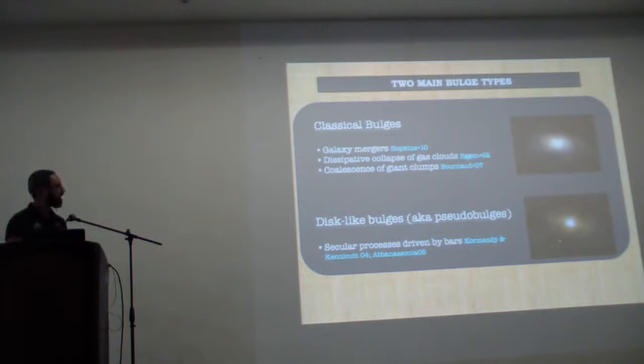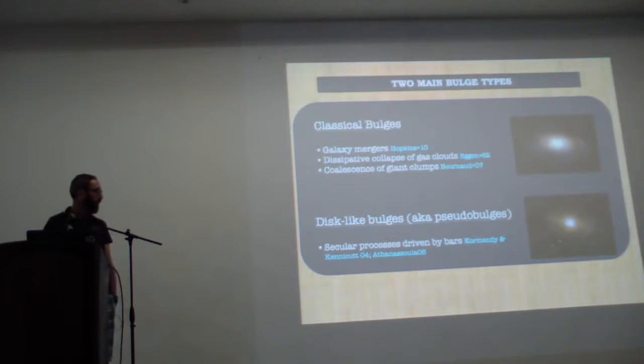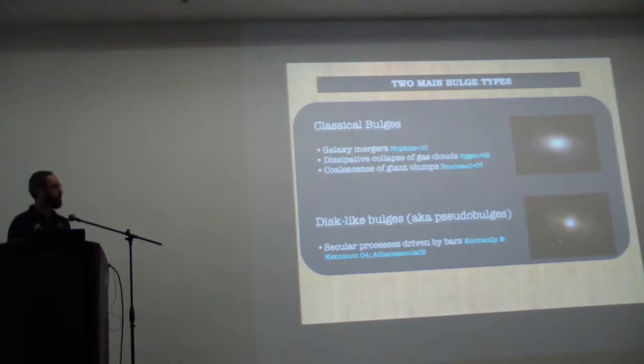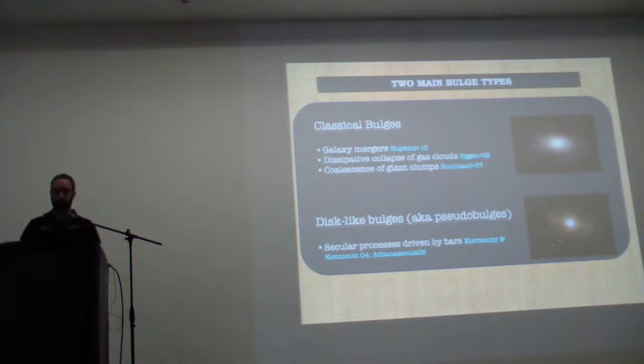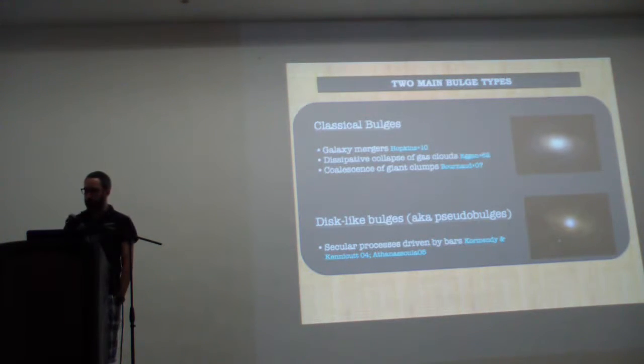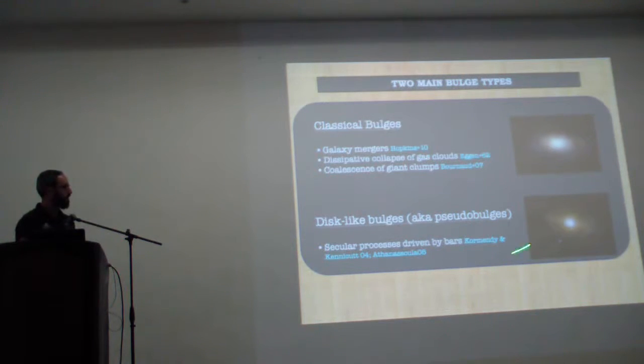We can divide them into classical bulges, formed by processes at high redshift, by galaxy mergers for example, and these classical bulges share properties of elliptical galaxies in terms of the photometry and the kinematics. And then we have disk-like bulges that are formed by internal secular processes, maybe driven by bars or by spiral arms, and they share more kinematic and photometric properties similar to the disk.